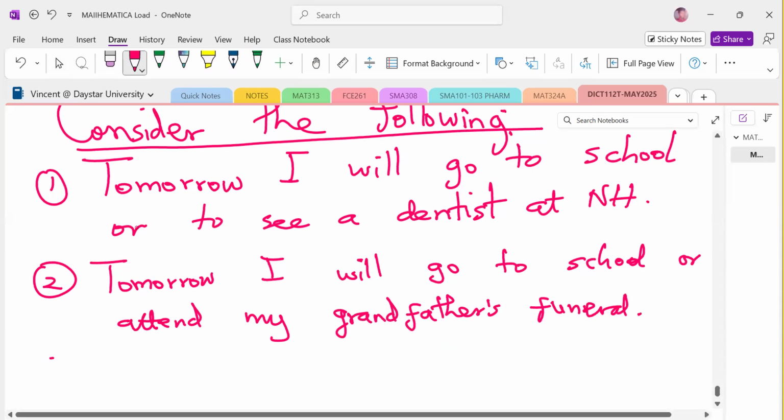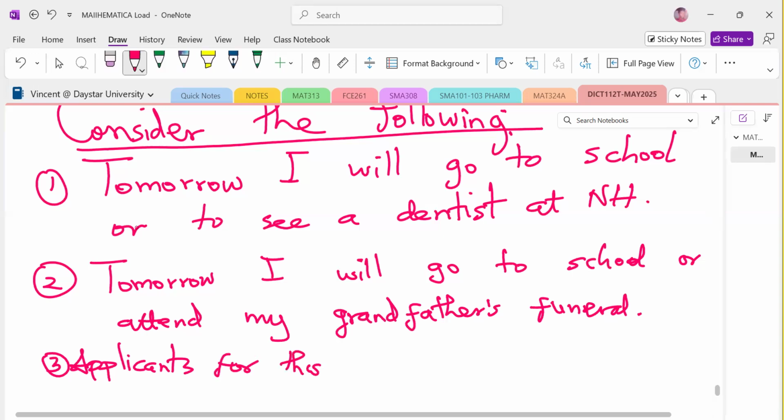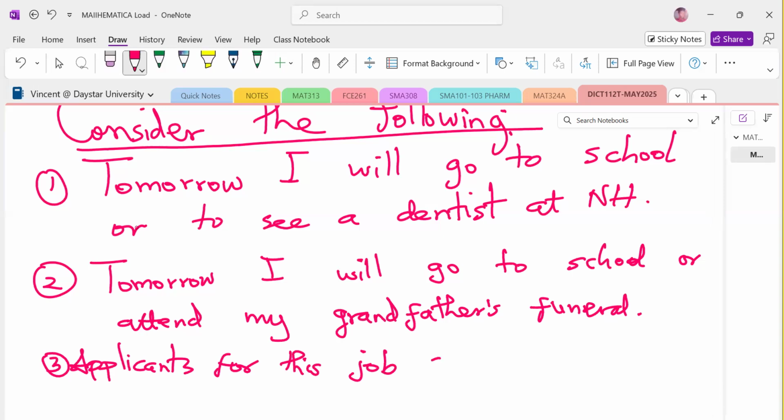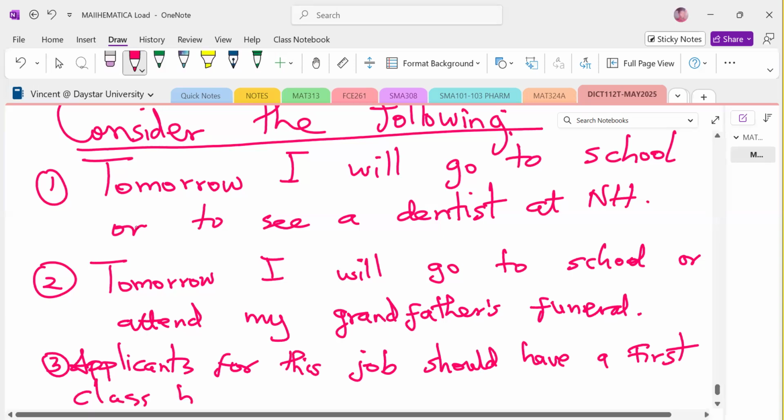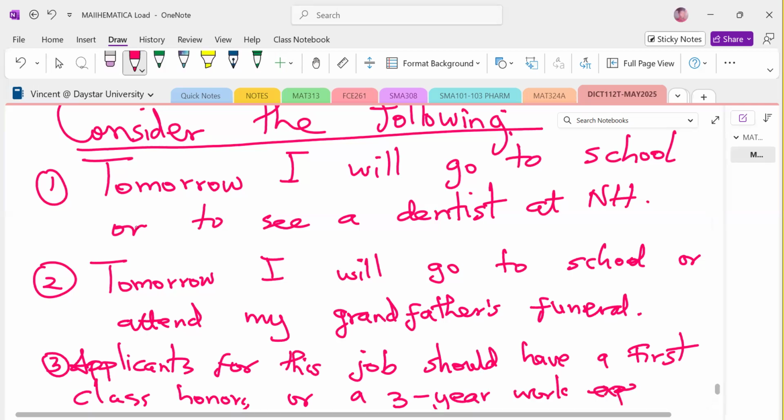And then number three: applicants for this job should have a first-class honors or a 3-year work experience. These are enough.